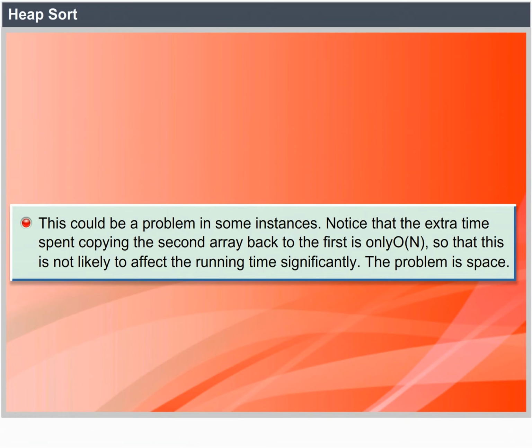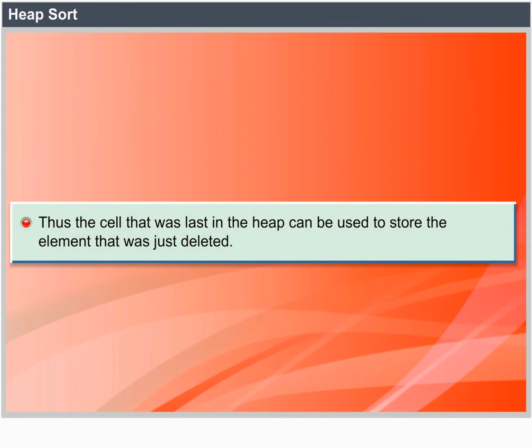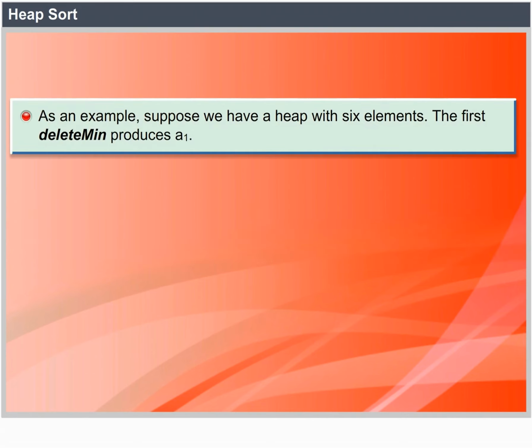The problem is space. A clever way to avoid using a second array makes use of the fact that after each delete min, the heap shrinks by 1. Thus, the cell that was lost in the heap can be used to store the element that was just deleted. As an example, suppose we have a heap with 6 elements.